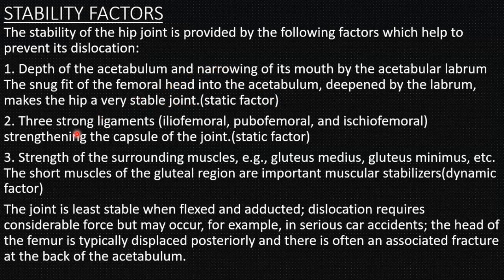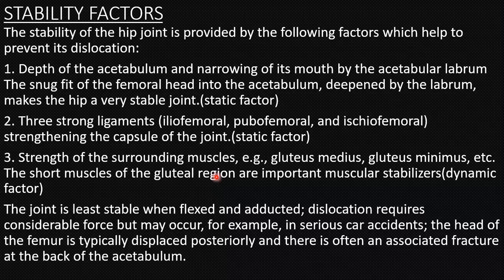Now, also, there are very strong ligaments, iliofemoral, pubofemoral, and ischiofemoral, which strengthen the capsule of the joint. That is also a static factor. Then, one dynamic factor is the surrounding muscles, the short muscles of the gluteal region. They are strong, and they originate from the constituent bones of the innominate bone to insert into the femur.